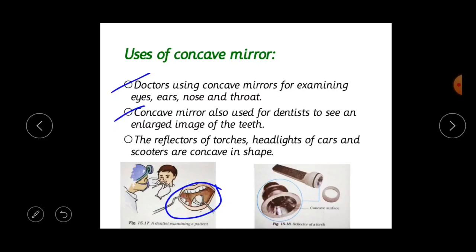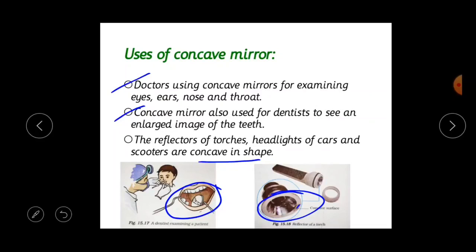Next, the reflectors of torches and the headlights of cars and scooters are concave in shape. Here you can see, these are the reflectors of torches. These are the uses of the concave mirror.